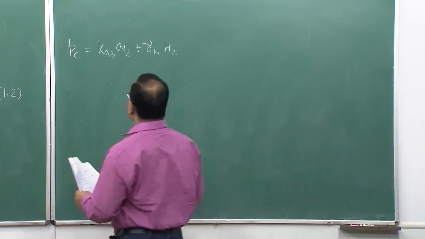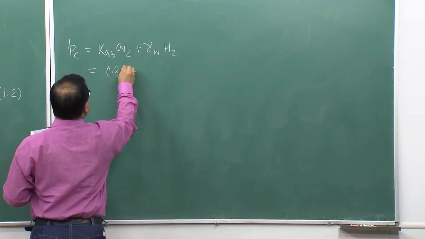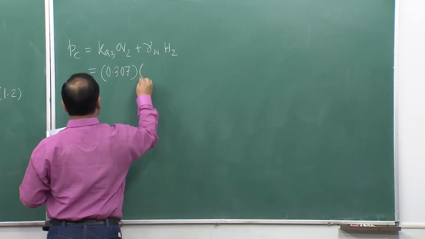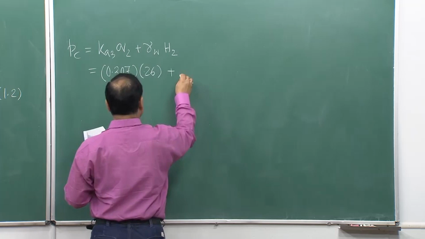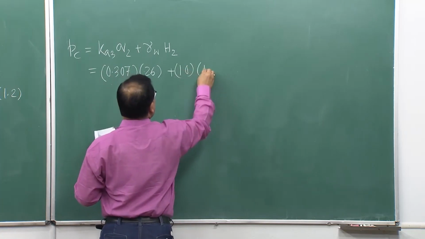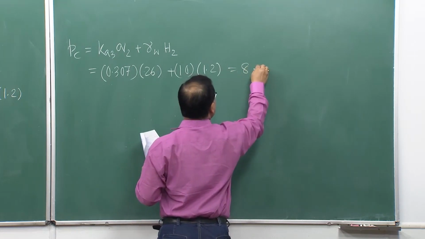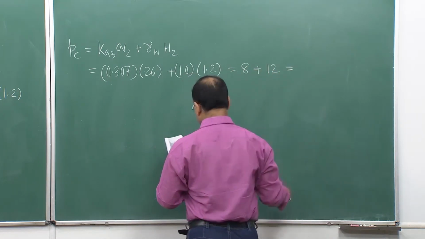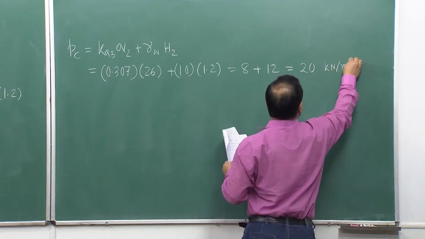Okay. So, which will be equal to 0.307 into Q2 is 26 plus gamma W is 10 and H2 is 1.2, that comes as 8 plus 12, which will be equal to 20 kilonewton per meter square.